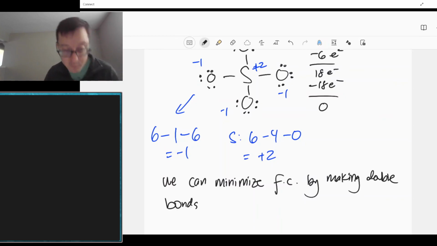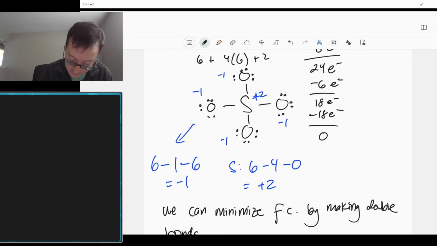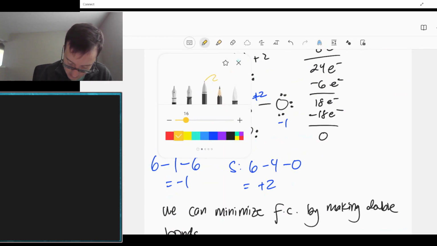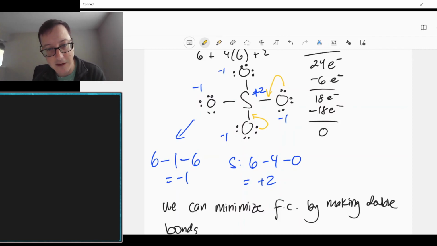Remember that a negative formal charge means too many electrons. Positive formal charge means too few electrons. And so, as a result, we're going to want to give sulfur some more electrons by moving some inwards. And again, here it's silly to make a triple bond when I can make 2 double bonds. 2 double bonds is almost always better than a single triple bond.